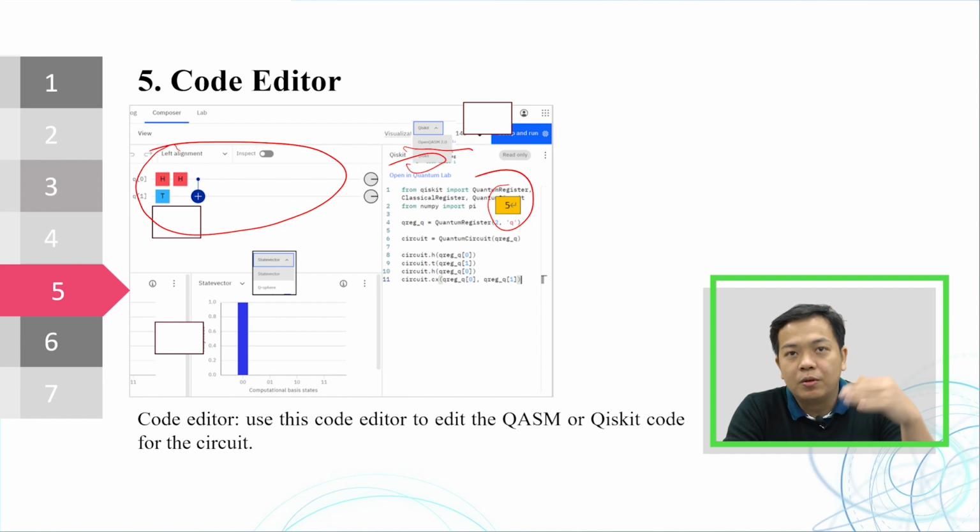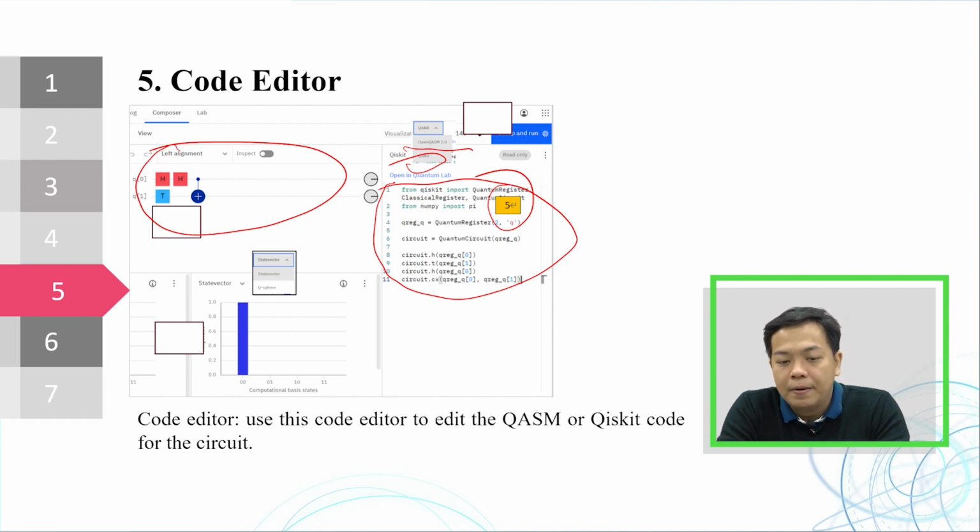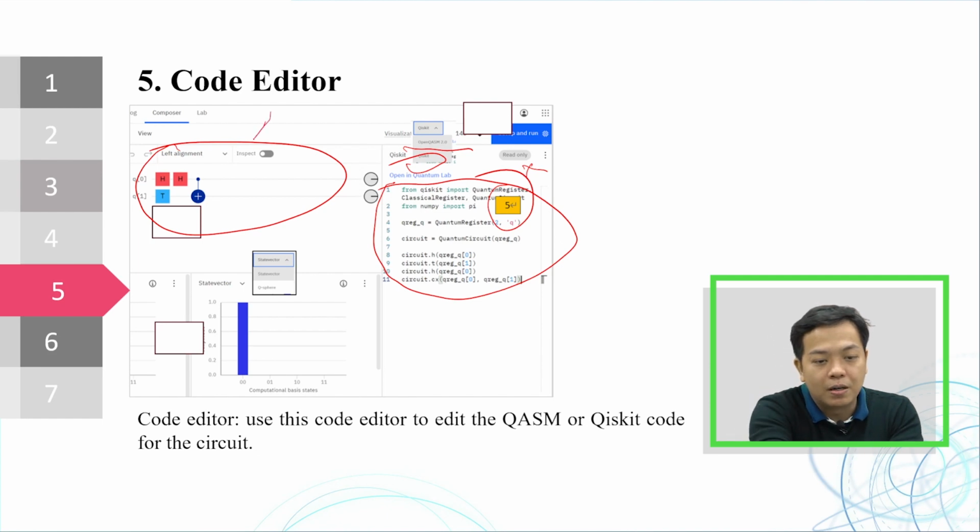You can switch between the two format types, QASM, or you can see the original Qiskit. So this is the version for Qiskit. And actually, this is generated automatically. You can see it is read only, right? It is automatic, and you do not need to touch it. After you complete the design in this part, the code will be generated automatically. So don't worry.